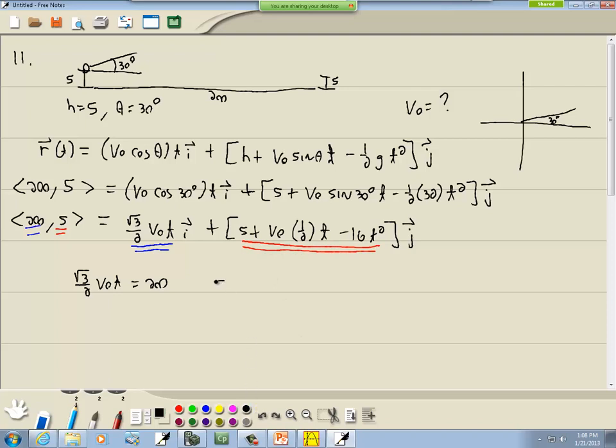So we're going to have 5 is equal to 5 plus v naught times 1/2 t minus 16 t squared. Well, over here, we're wanting v naught, so I want to solve this for t. So I'll multiply both sides by 2 to begin with. So I got square root of 3 v naught t is equal to 400.